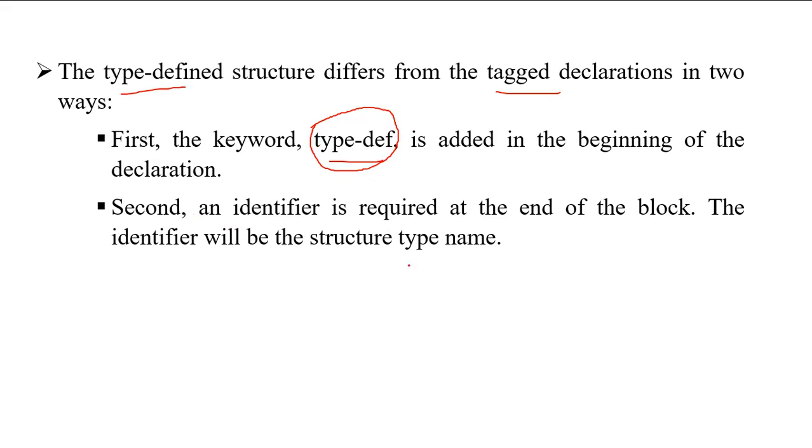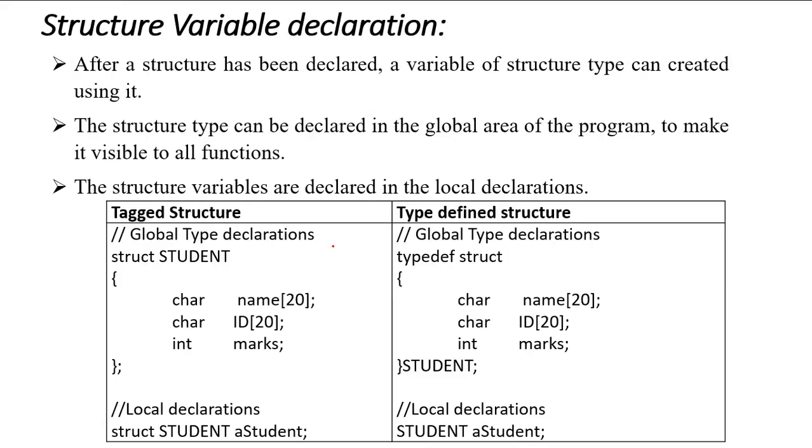And the second difference is the identifier, or the tag or the type, we are specifying at the end of the block. We are not specifying it at the beginning of the block, but at the end of the block we are specifying the type name, tag, or identifier, whatever you want to call it. Okay, so go to the next one.